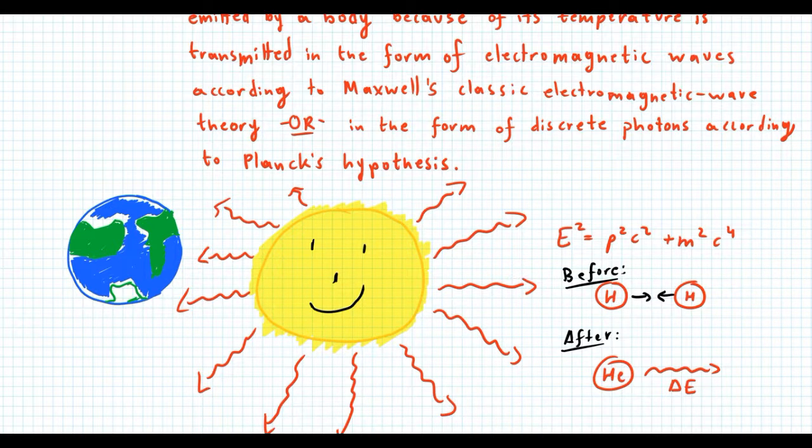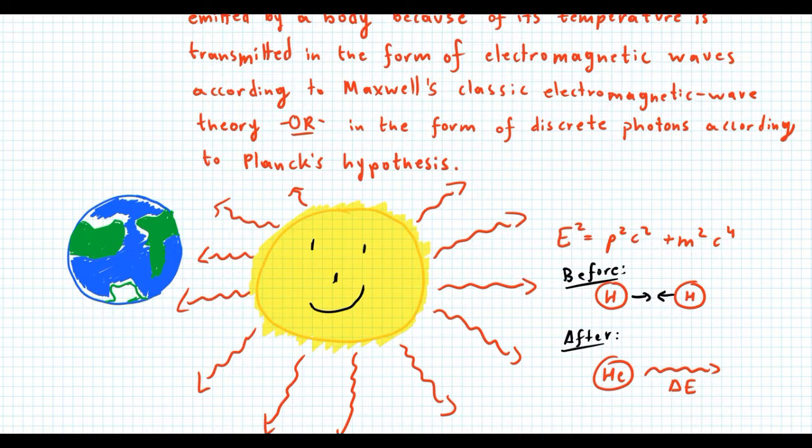So, here we have the sun and the earth. The earth is bombarded by solar radiation from the sun, which is also the cause for all autotrophic life to live, and hence us as well.